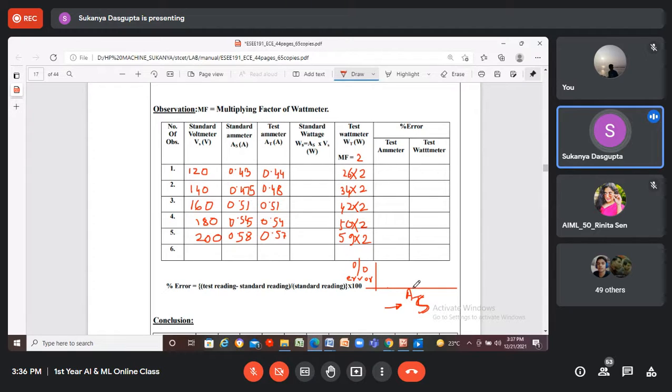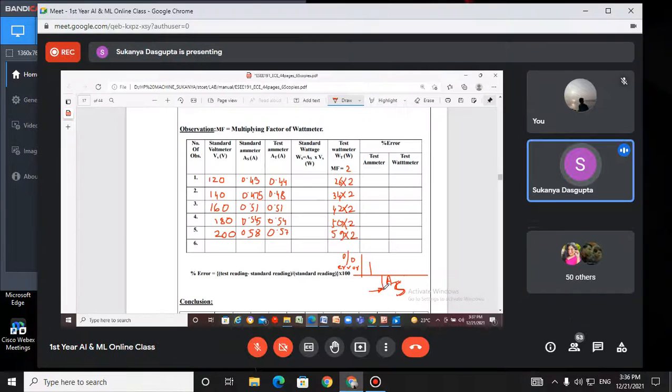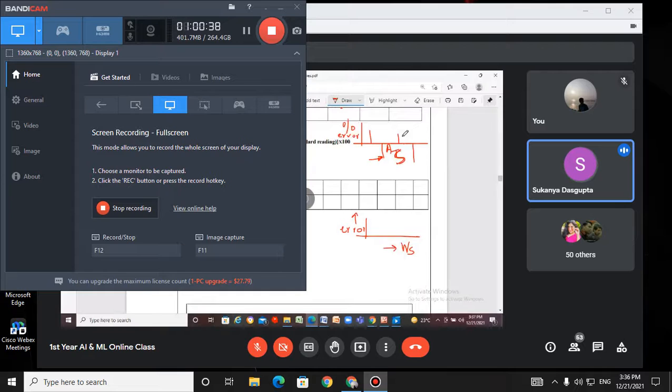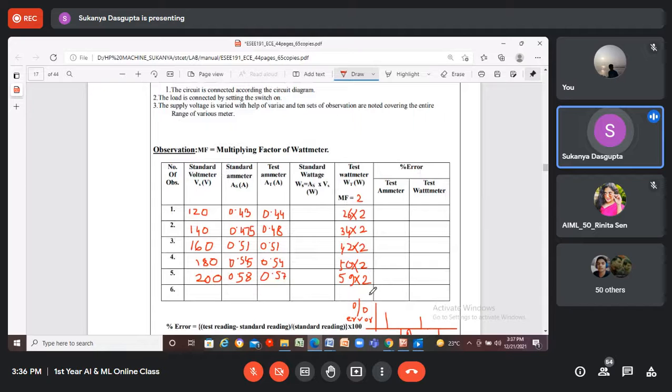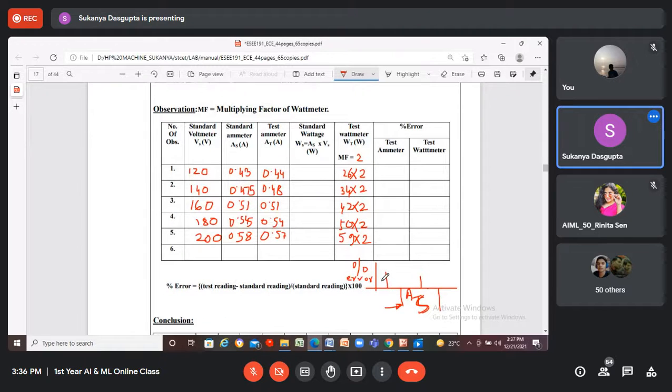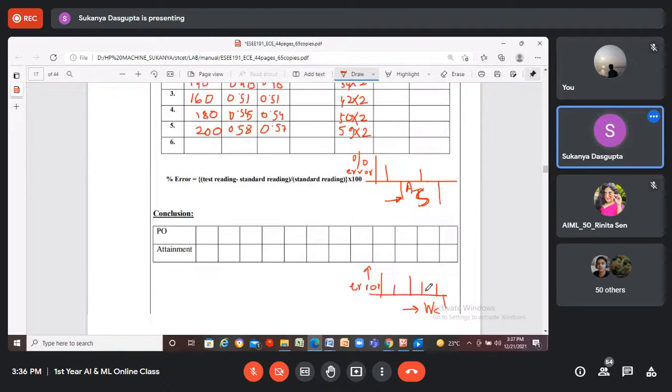We'll draw only a line graph. It may be a positive error, it may be a negative error. I've drawn this graph arbitrarily. On the millimeter graph paper, we will draw the percentage error versus the true readings, one for ammeter and one for wattmeter.